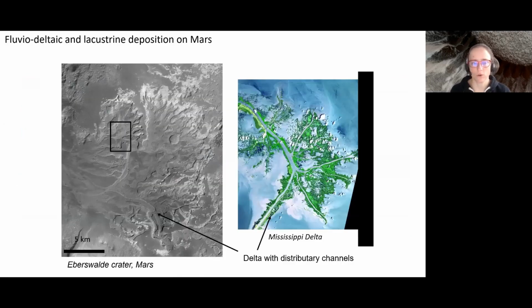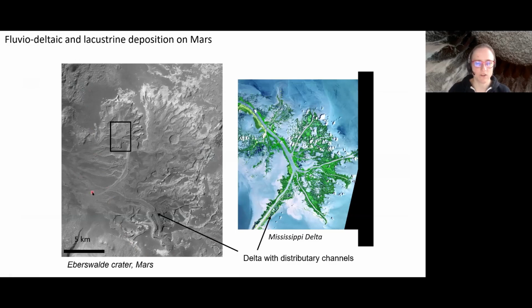So what do delta deposits look like on Mars? This is probably the most beautiful example from the Martian surface. This is Eberswalde Crater on Mars, and this is a very beautiful delta deposit. Up here is the source, so the water would be flowing from up here, and this is the crater floor on the right hand side.